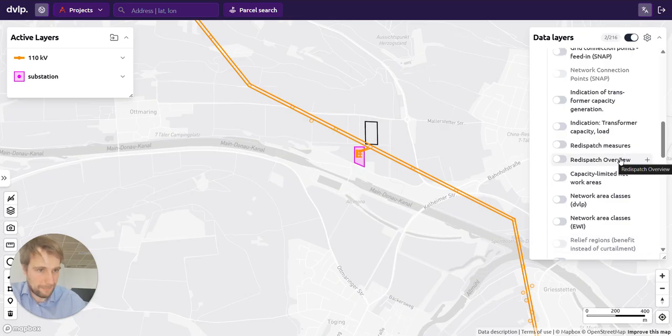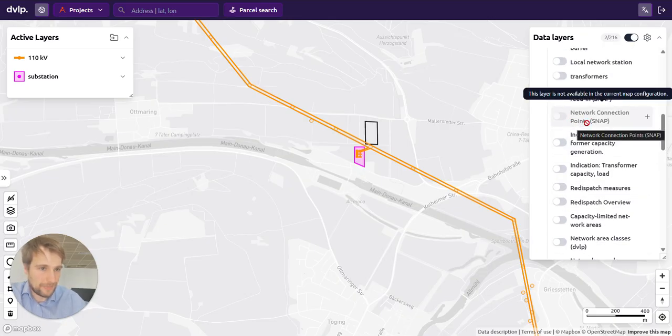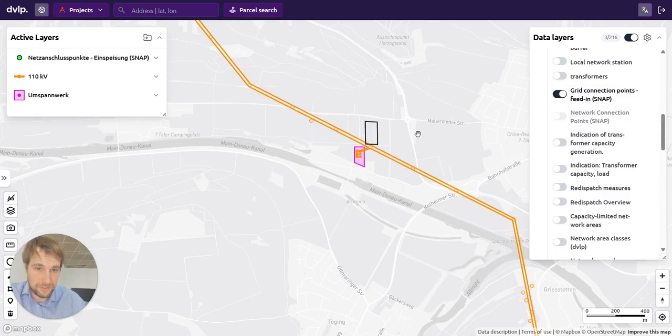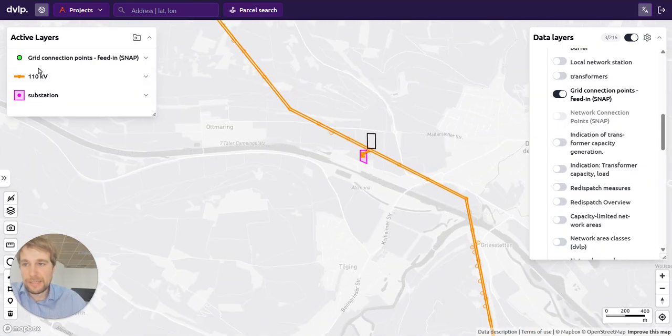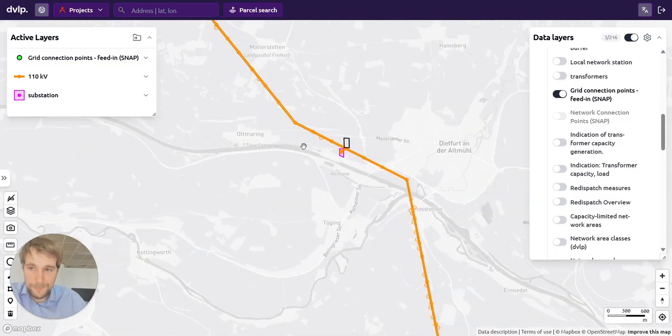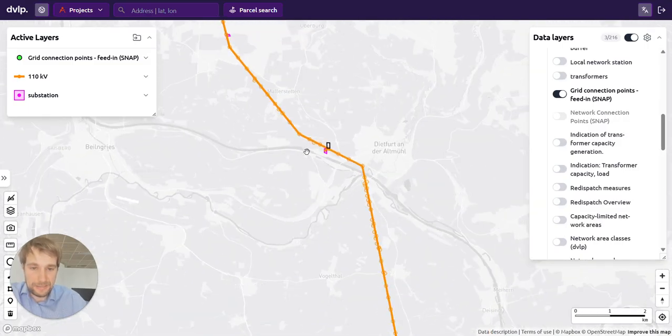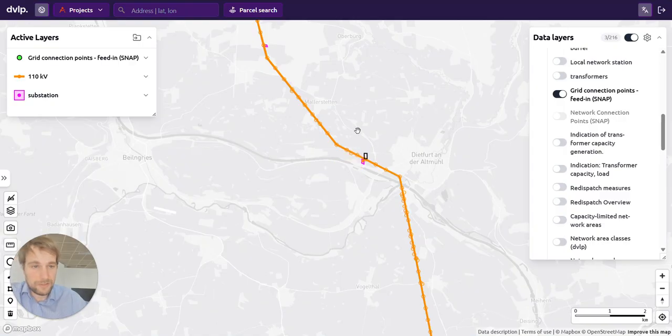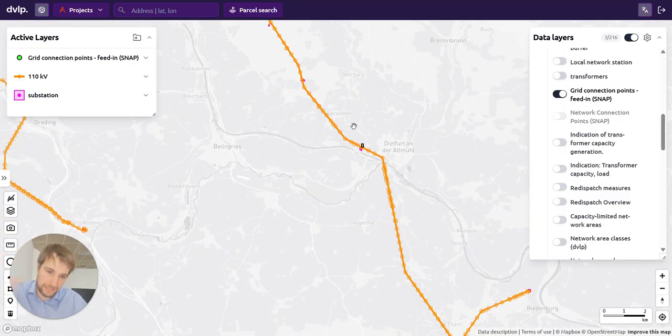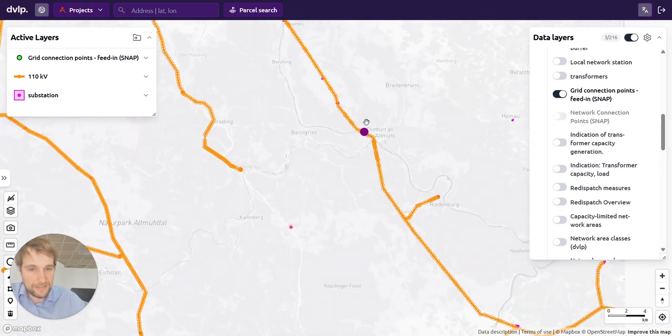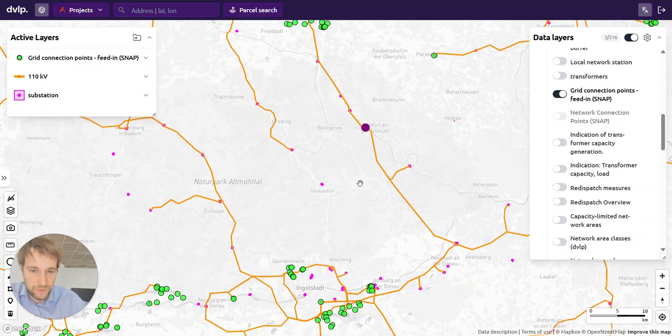SNAP is a tool that is provided by the grid operators and shows connection points for projects that are up to 20 megawatt. And usually though only for the production of electricity. There are some exceptions where they also provide an indication for capacities in the consumption direction, but in this case for Bavaria we only have that for the feed-in scenario.